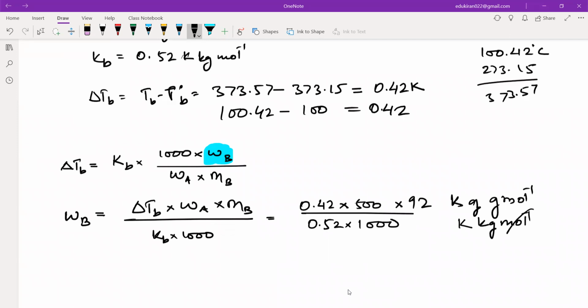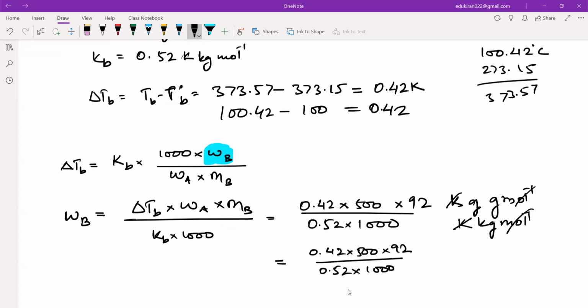So per mole cancels, Kelvin cancels. You have 0.42 into 500 into 92 divided by 0.52 into 1000.